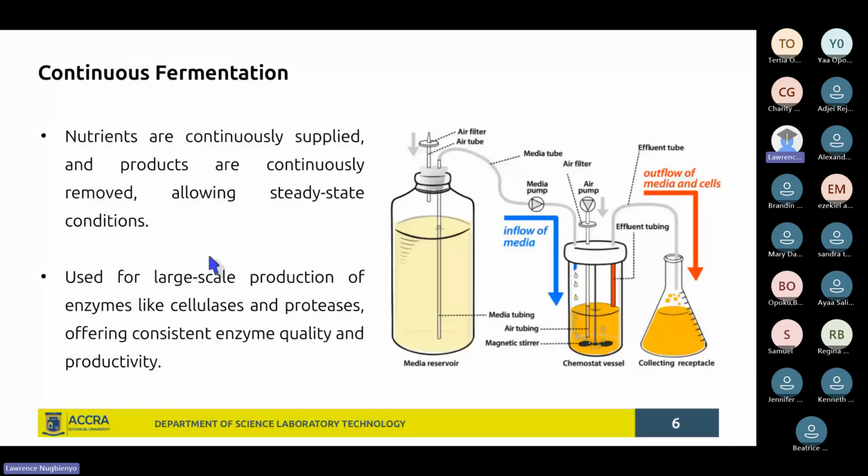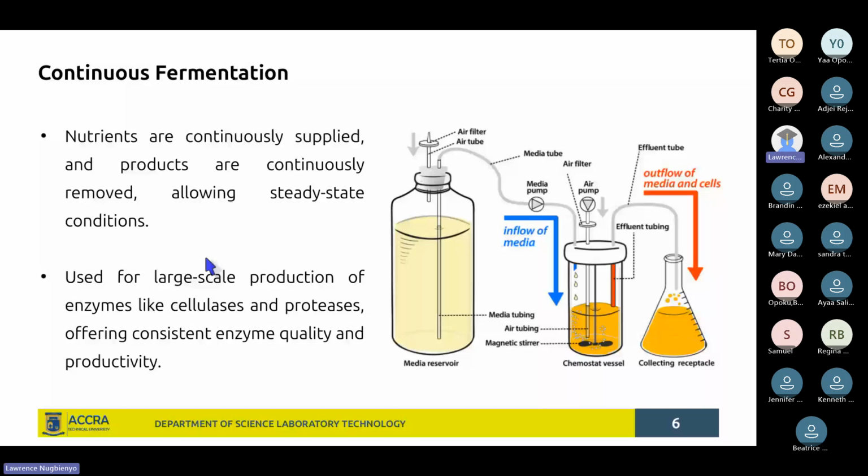As the name suggests, the continuous system consists of pumps that are continually pumping media into the reactive mixture, the processor or the digester, over the whole period of production. You have this continual feeding of the system so that you have a steady state condition. So you have a maximum production of your product over a long period of time.